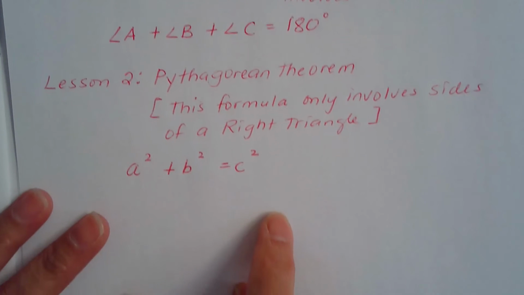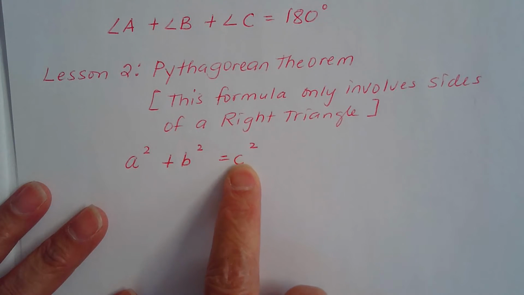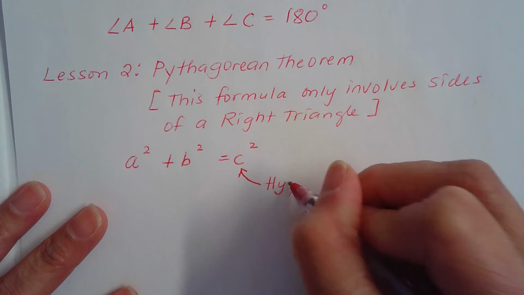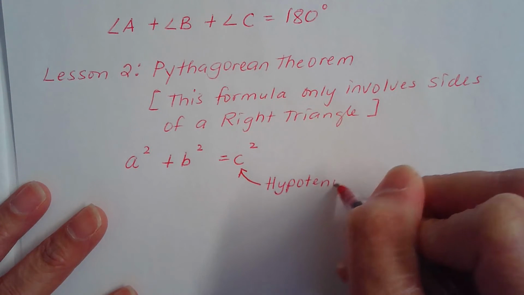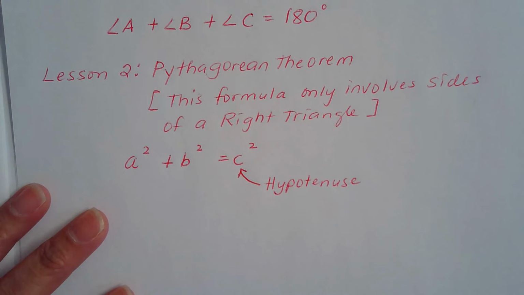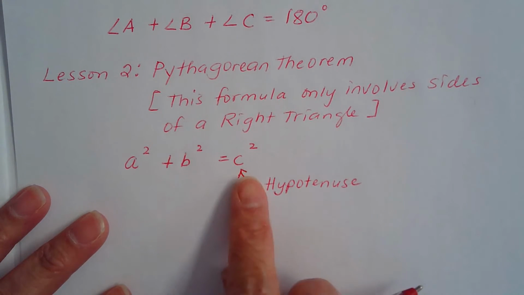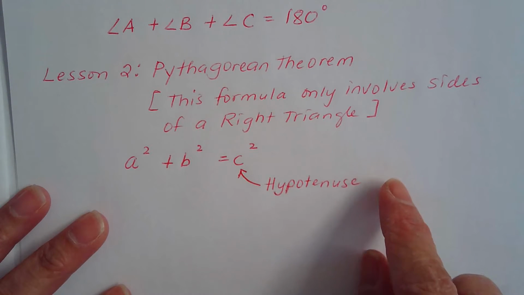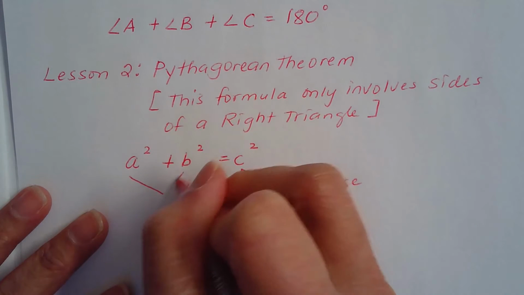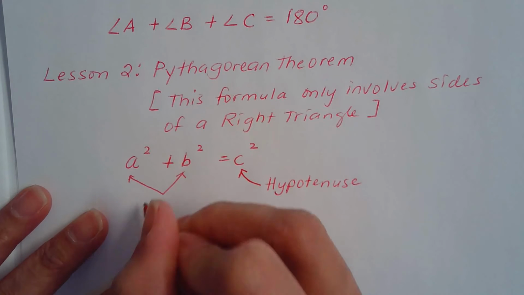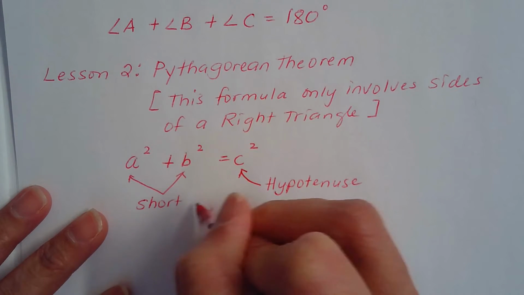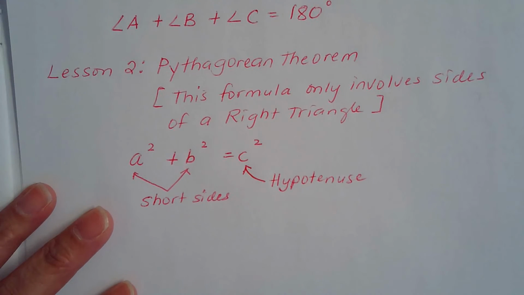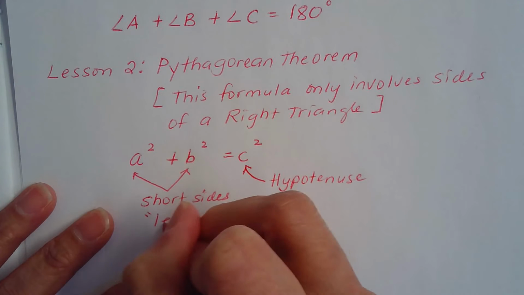Now what's so special about C squared is that the C is the hypotenuse. The C is always the hypotenuse in this formula. And then the A and the B are the short sides, and they call them legs of the triangle.